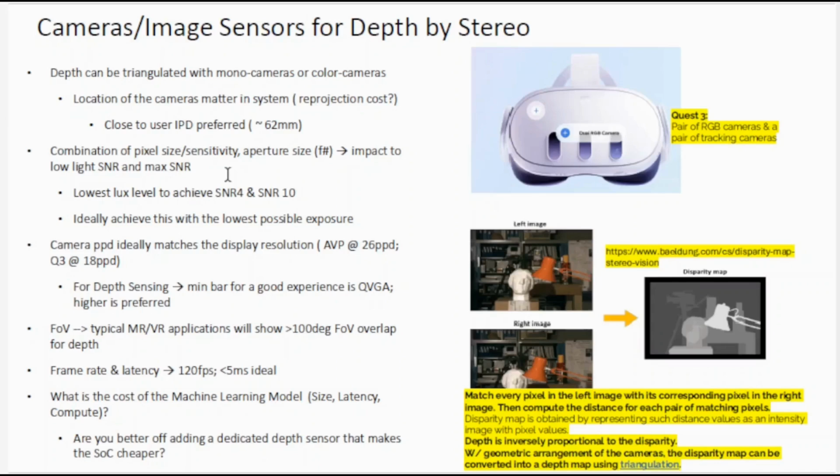Also, if you're using the same cameras for something like pass-through or just imaging, then you have to think about that camera too. What does it look like in terms of sub-pixel disparity calculation? What is the algorithm you can use to get really good quality depth?